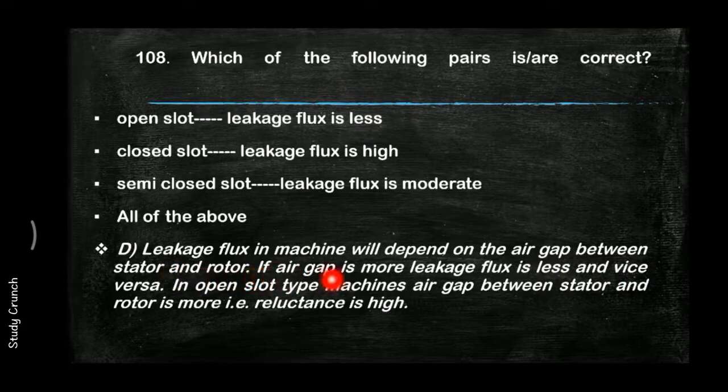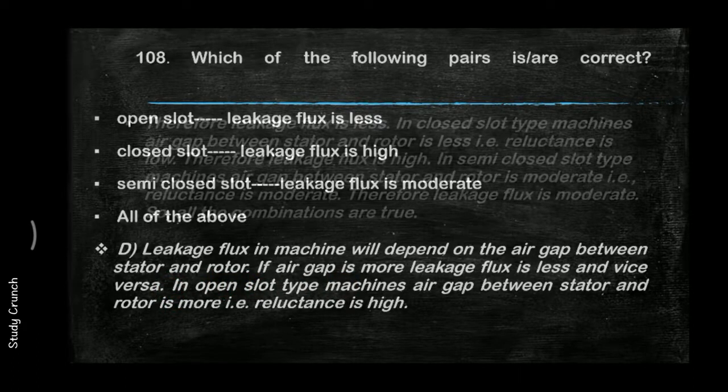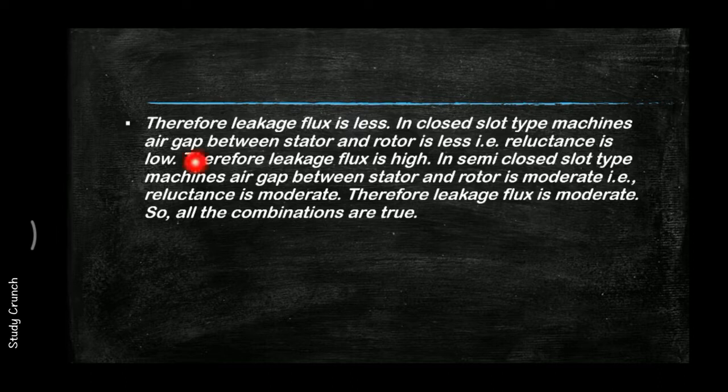And in the open slot machines, the air gap between the stator and the rotor is more, so the reluctance is high. Therefore the leakage will be less. In closed slot machines, the air gap between the stator and the rotor is less, therefore the reluctance is low. Therefore the leakage flux is high. In semi-closed type, the air gap is moderate, so the reluctance will also be moderate and the flux will also be moderate.